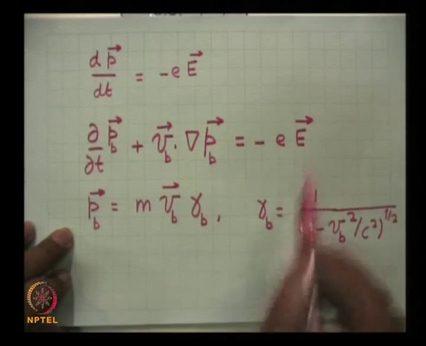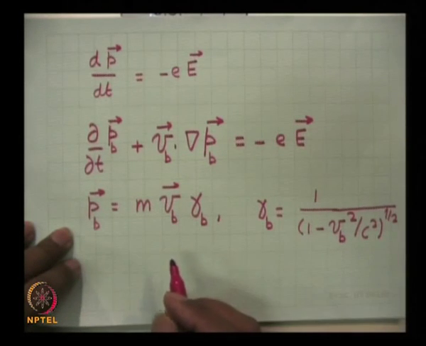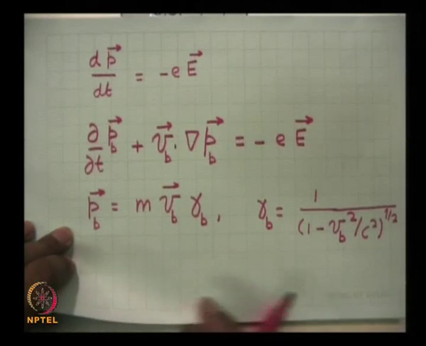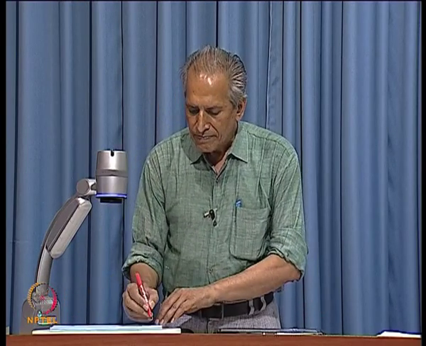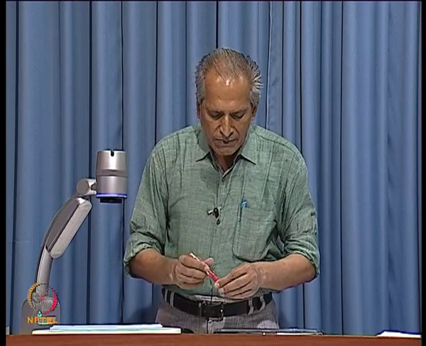Well, in order to solve this equation and the equation of continuity, first of all we have to identify the equilibrium, and then we perturb the equilibrium by the plasma wave field. So, now what is our equilibrium?